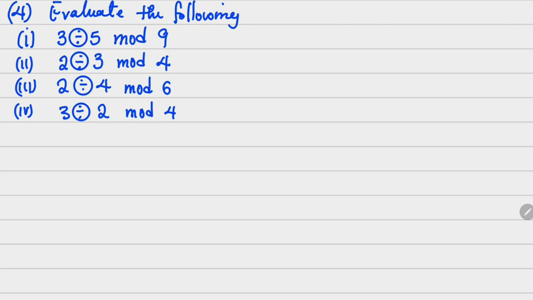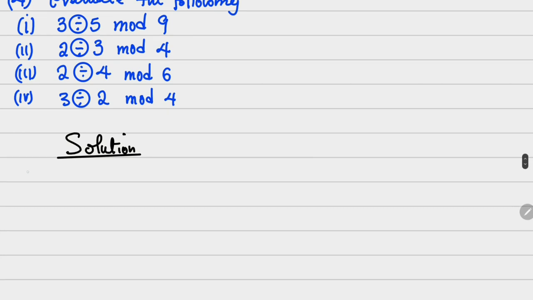Question 4 has to do with division, which is very important. I think this is one of the most challenging things when it comes to modular arithmetic. Now, let me start with the first one. What you have there is 3 divided by 5, and this should be done in mod 9.